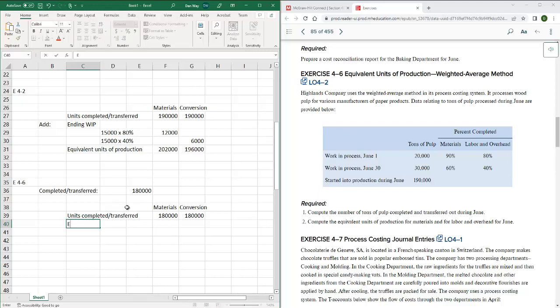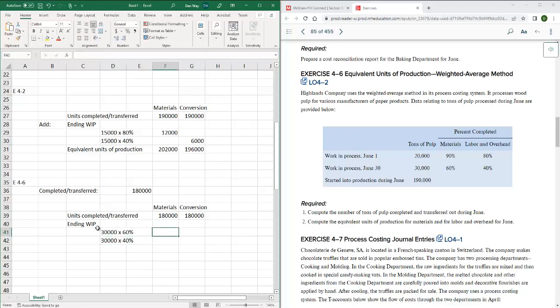To that, we're going to add the ending work in process. We know that's 30,000 physical units, or tons, physical tons of pulp in this case. Those are 60% complete with respect to materials, and then 40% with respect to conversion, or labor plus overhead.